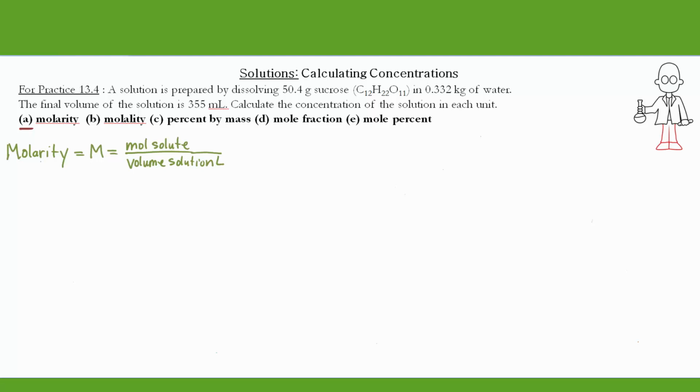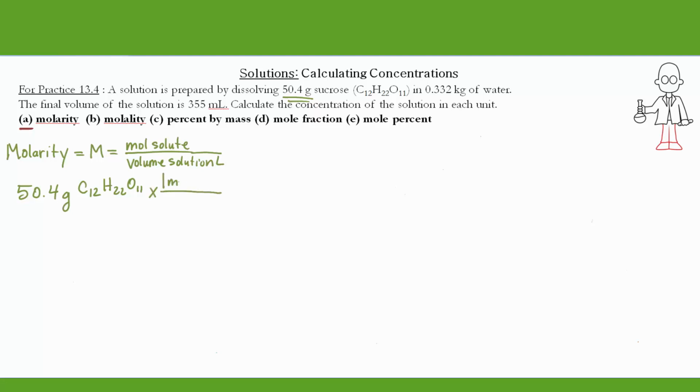So, to get the molarity, I need to get the moles of the solute, but I was not given the moles of the solute, I was given the mass. So I have to convert the mass. So 50.4 grams of C12H22O11, and I want to convert that to moles.